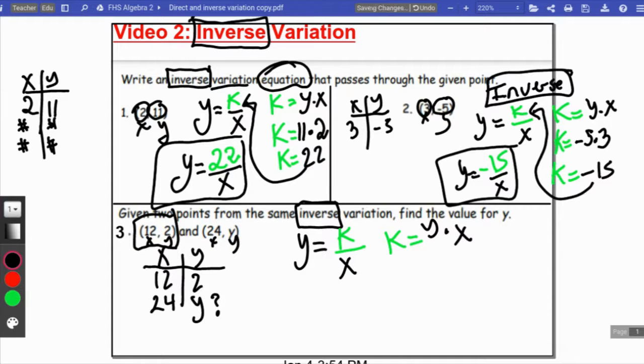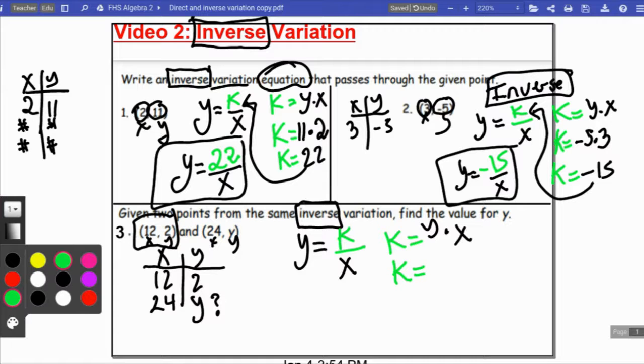So we have the y, which is 2, times the x, the 12, which gives me 24.